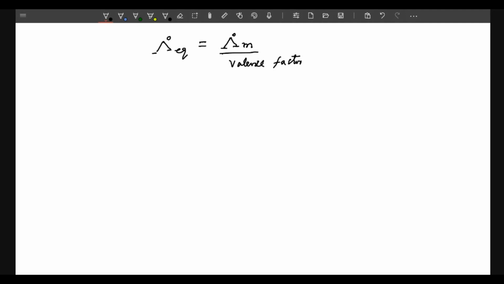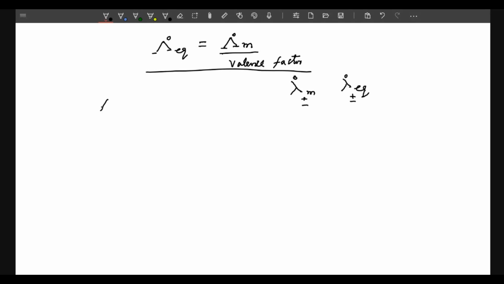You are already familiar with it. And now I am going to give the relationship between lambda molar and lambda equivalent at infinite dilution, for the cation as well as the anion.